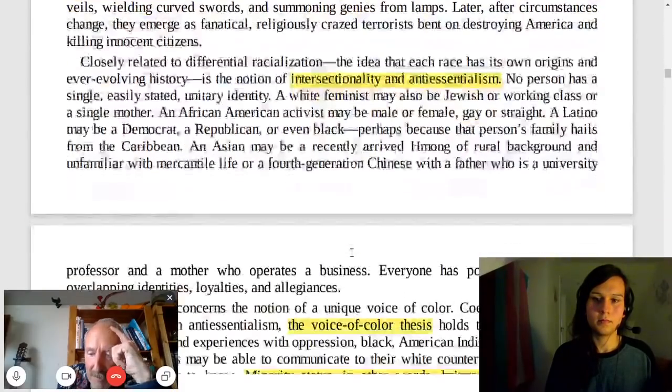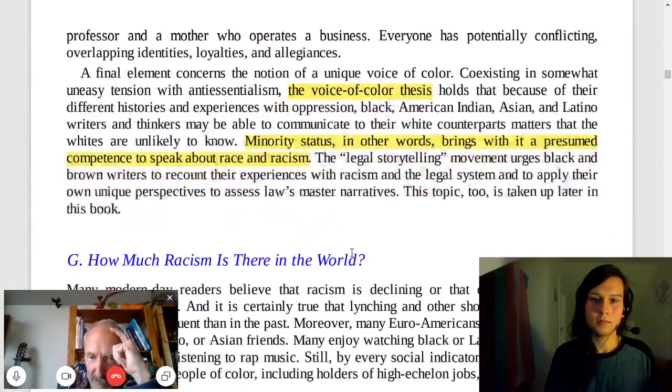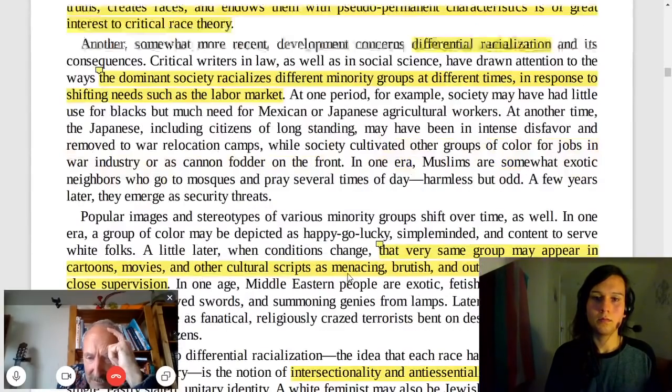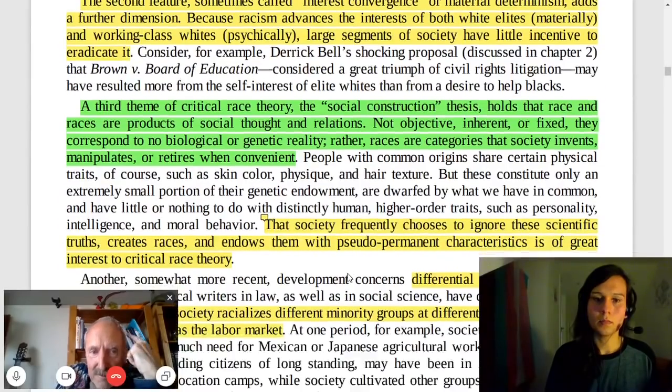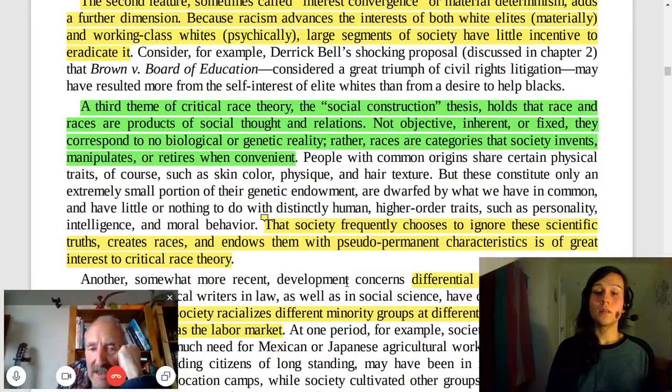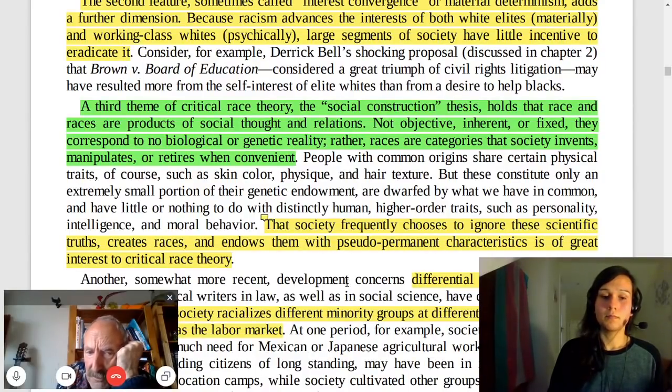When he's talking about the idea of race as a social construct, you'll often hear this said, and he says it there: that society frequently chooses to ignore these scientific truths. Hang on, wait a minute. He hasn't demonstrated that they're scientific truths. We can't go to sociologists to demonstrate that. We need to consult biologists and geneticists.